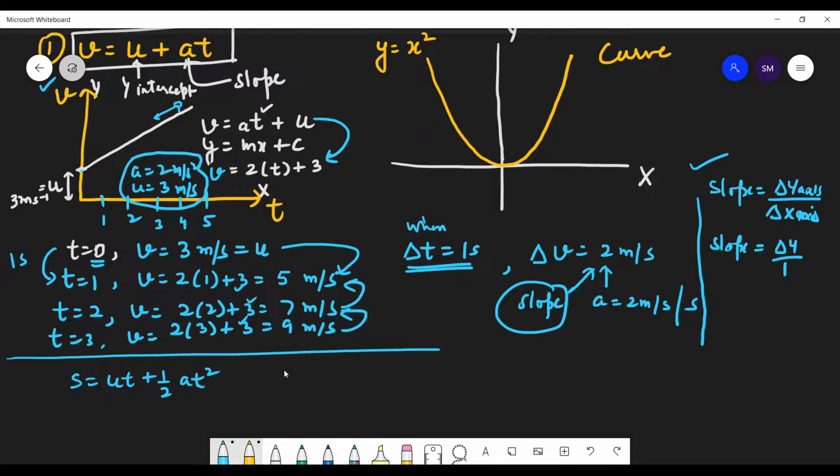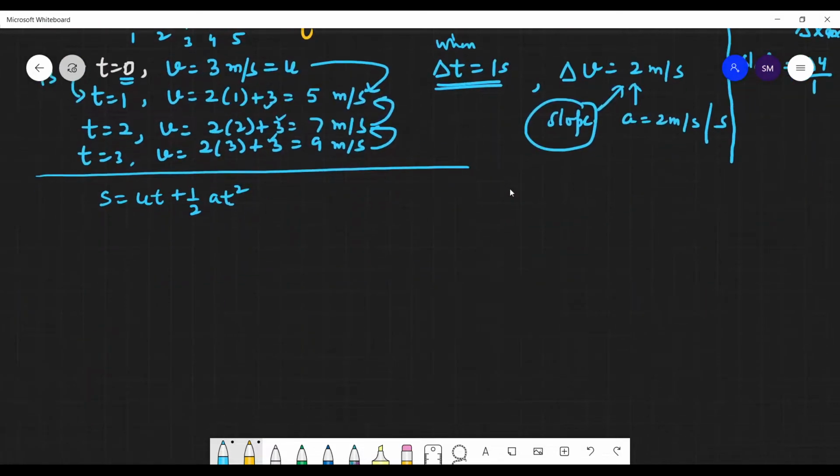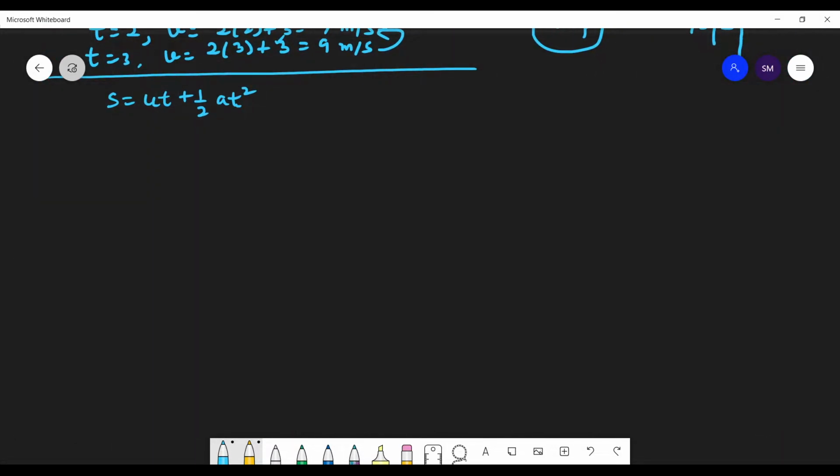So if you plot the graph between S and t, this is your x-axis, this is your y-axis.